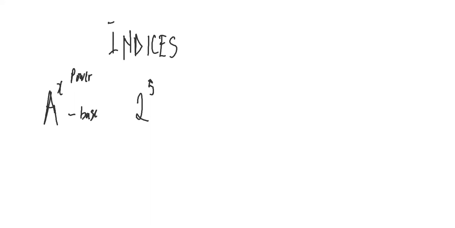Then we'll also look at how to identify what an index number is. And basically, that is what I've just explained. Anytime a number is written raised to a power, then that is an index number.